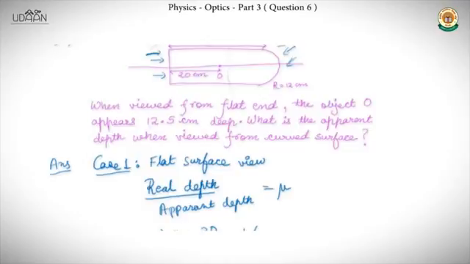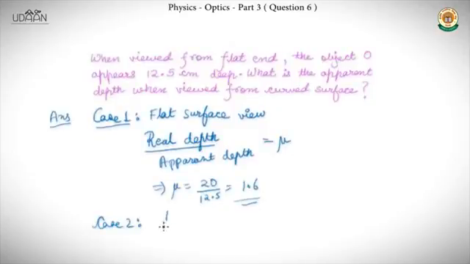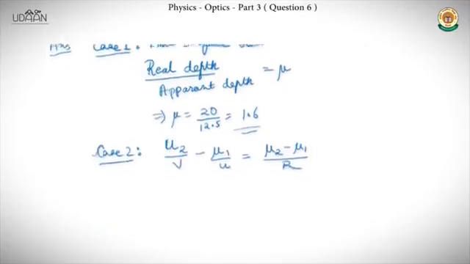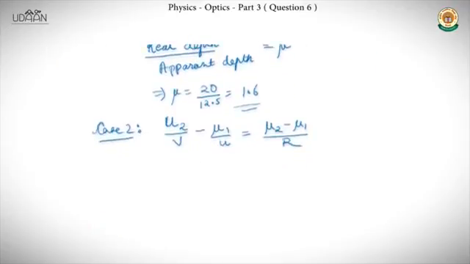We could use the formula mu2 by v minus mu1 by u is equal to mu2 minus mu1 by r. Taking into consideration the Cartesian sign convention, we get 1 by v minus 1.6 by minus 20 is equal to 1 minus 1.6 by minus 12.